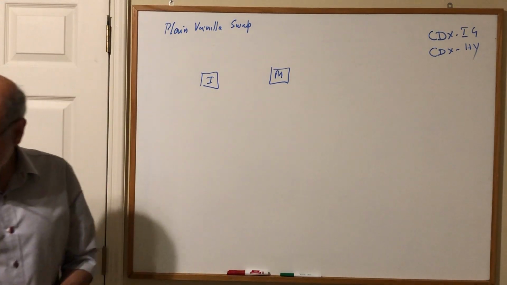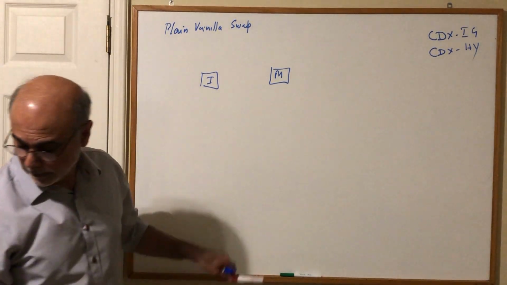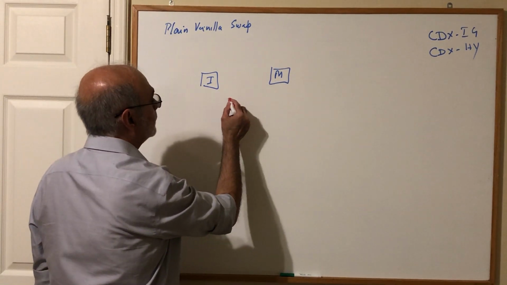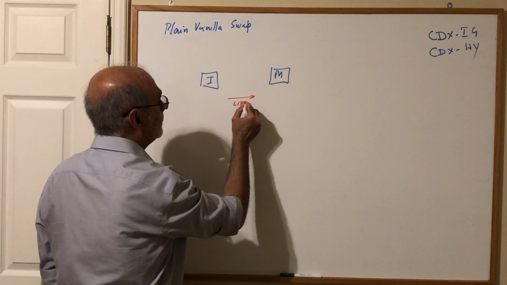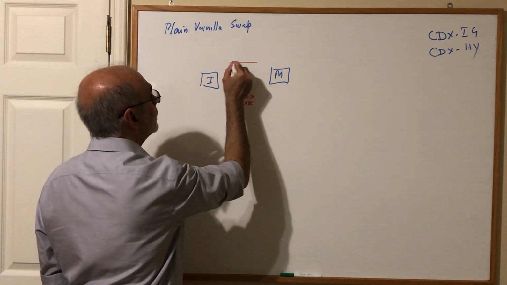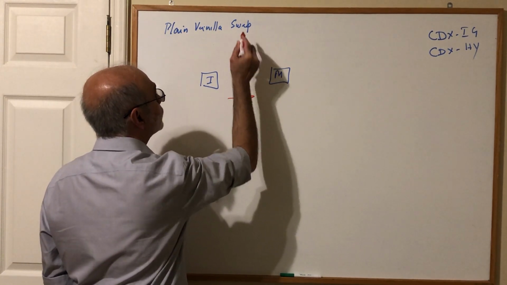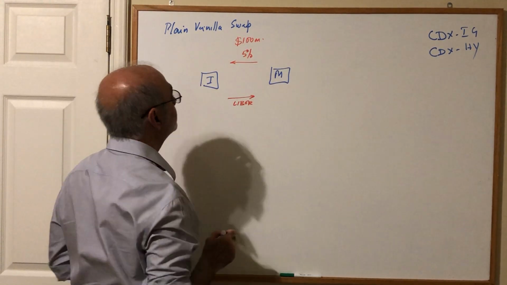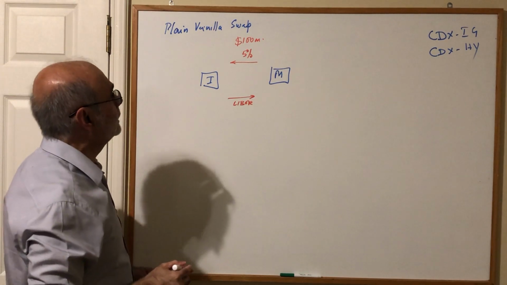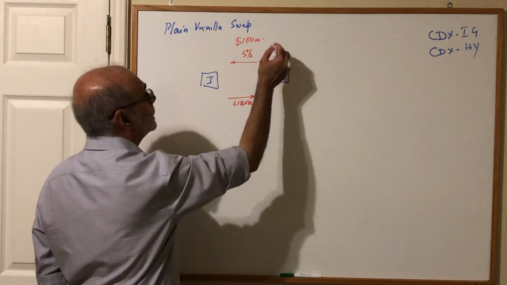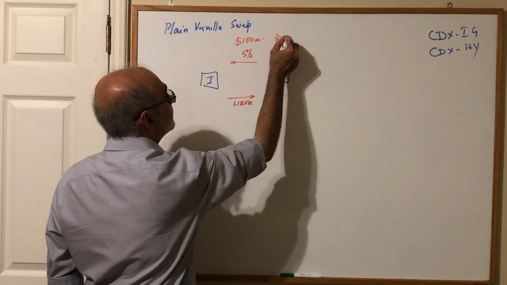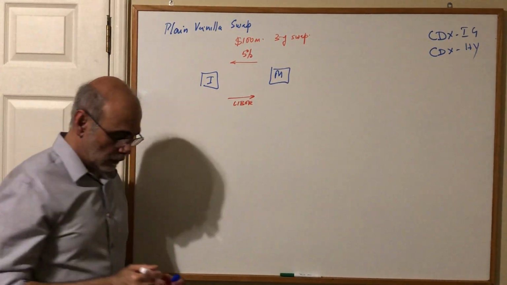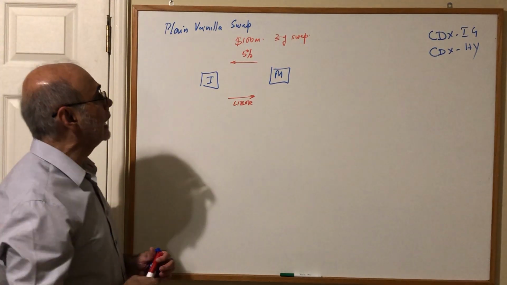And I'm going to put the terms of the swap in red, where we have LIBOR over here, we have 5% fixed over here on a nominal amount of 100 million. And this is a 3-year swap.